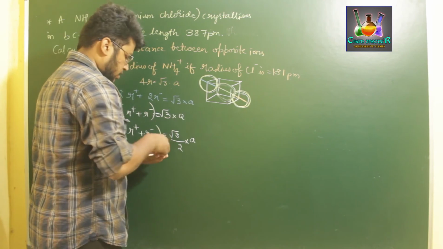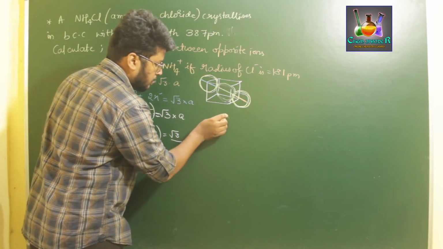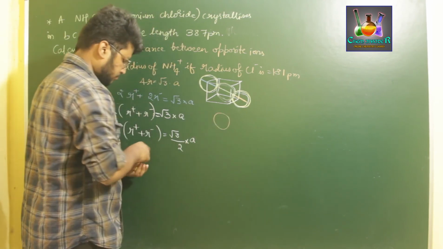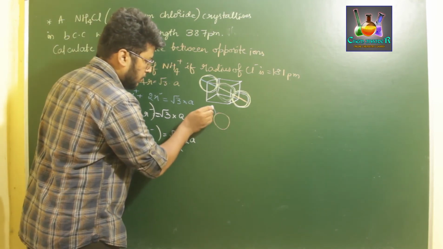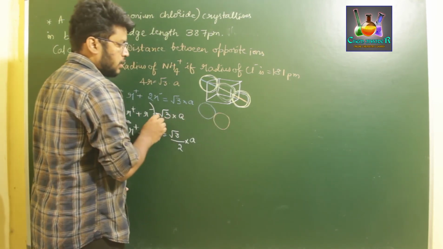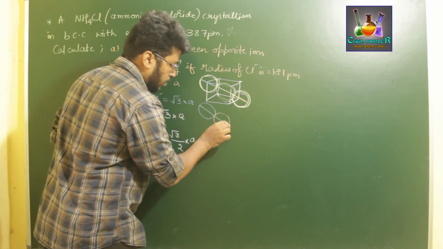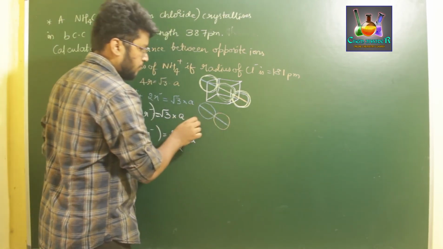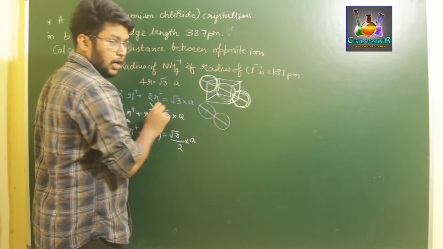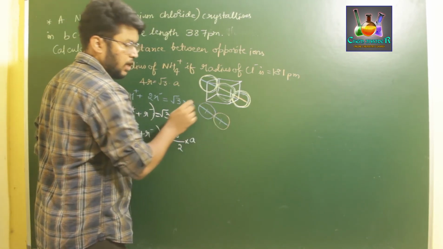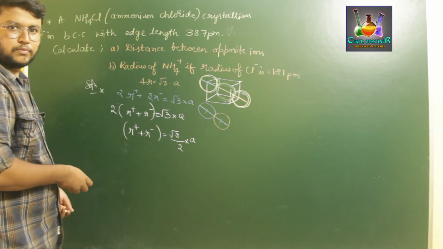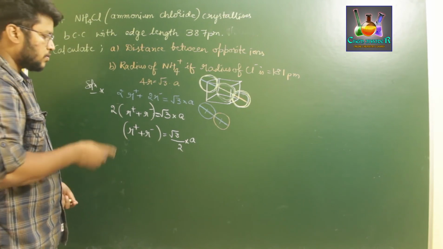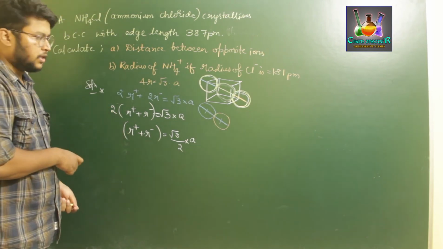Then the structure will have the anion and cation touching each other in such a way that it forms 4r, that is 2r plus and 2r minus.